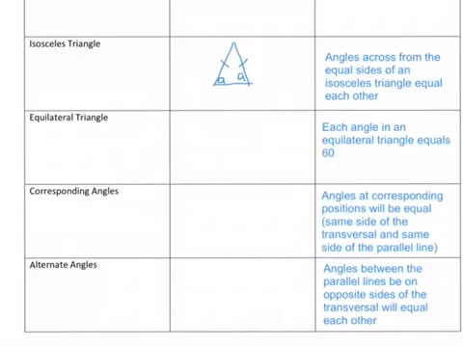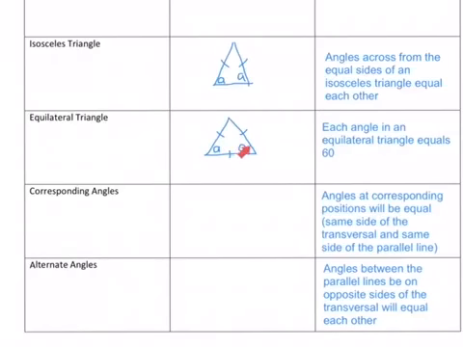A third triangle that we can talk about is the equilateral triangle. Now, if we have an equilateral triangle, that just means that all 3 sides are equal in length. And because of that, it starts out like an isosceles triangle. I know that the angles across from the 2 equal sides that I've marked so far would have to equal each other. But once I mark that third side as being equal, and if I were to turn my triangle, then I would have this side across from that one being equivalent to, say, this one here.